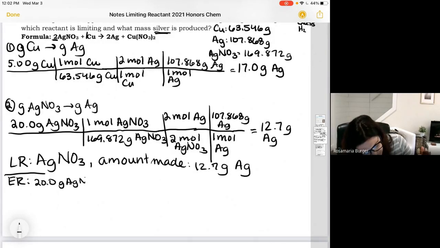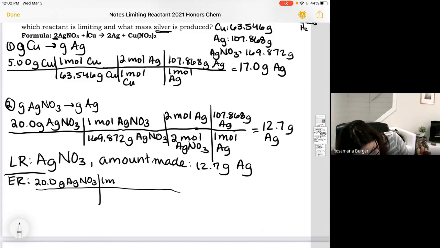And our goal is to figure out how many grams of copper it takes to react with that many grams of silver nitrate. So we're going to go silver nitrate to copper. Well, in 1 mole of silver nitrate, we get 169.872 grams of silver nitrate.